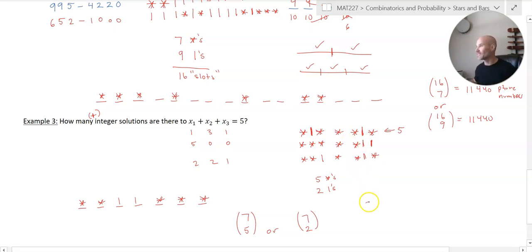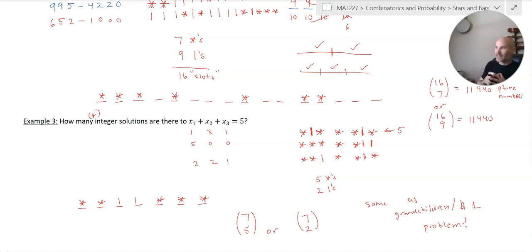So, grandchildren, dollar bills problem. Pretty cool stuff. And it all boils down to, can this be done by stars and bars? And what we need to think about is what each one of those things will represent.